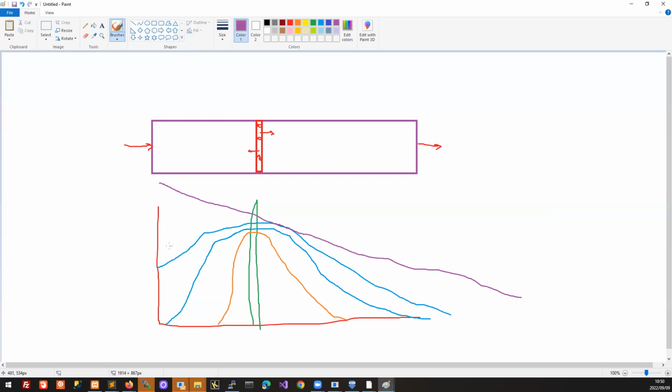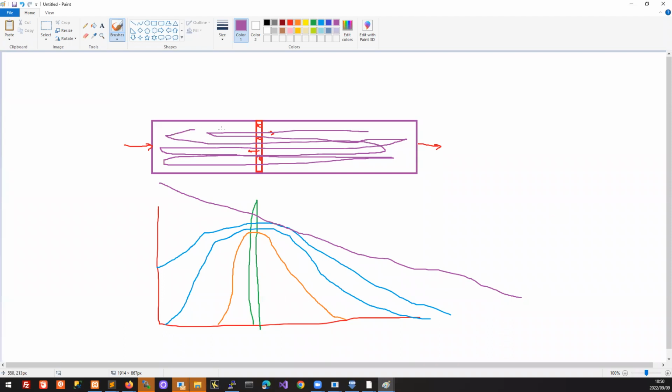And so it starts to look like a CSTR, right? In other words, as your dispersion outcompetes your convection, it means that you are mixing laterally. So when your dispersion is some crazy high number, that means we are mixing laterally through here. In other words, we are getting to the state of perfect mixing.